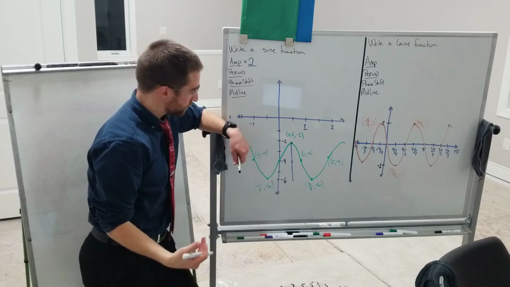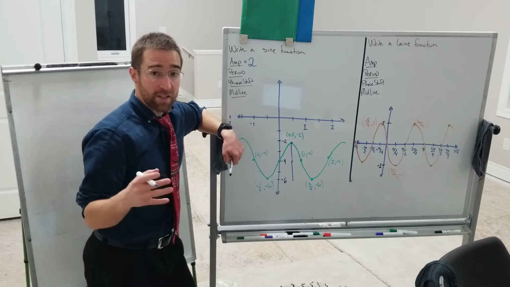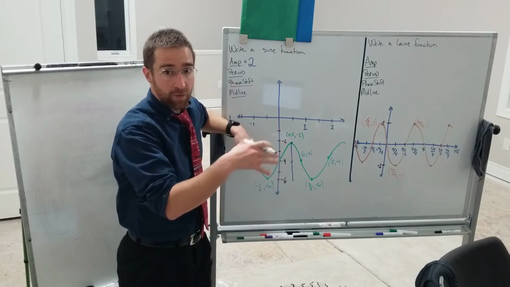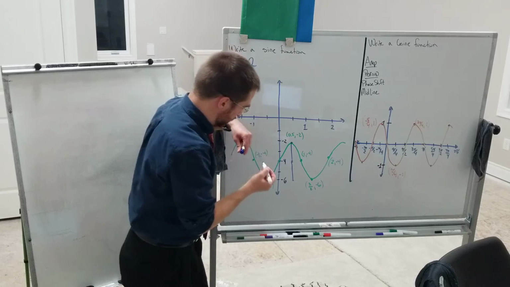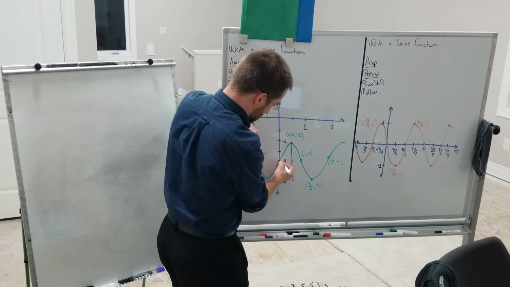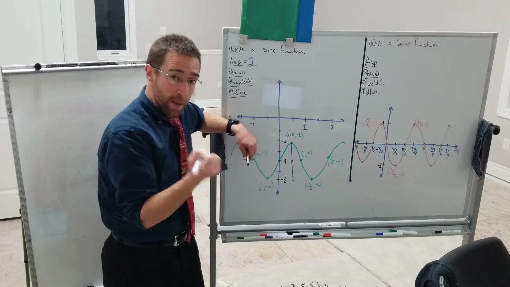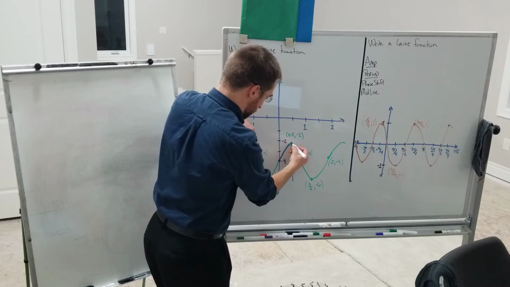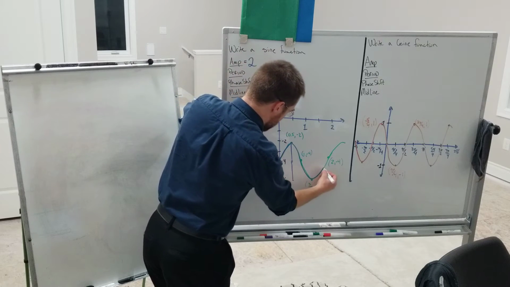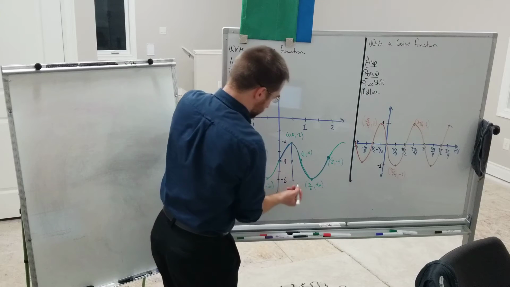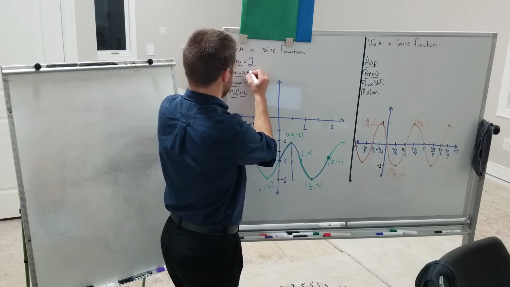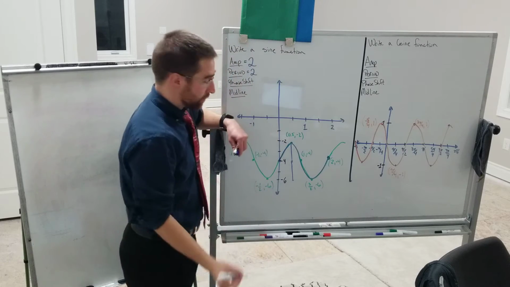Amplitude is 2. The period is the x distance it takes for one complete cycle. If I start at the middle, remember sine goes mid, max, mid, min, mid. That would be one full cycle like this. Starting from 0, I get to 2, so the period is 2.